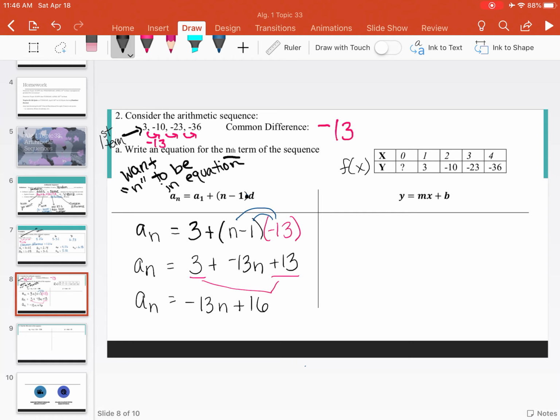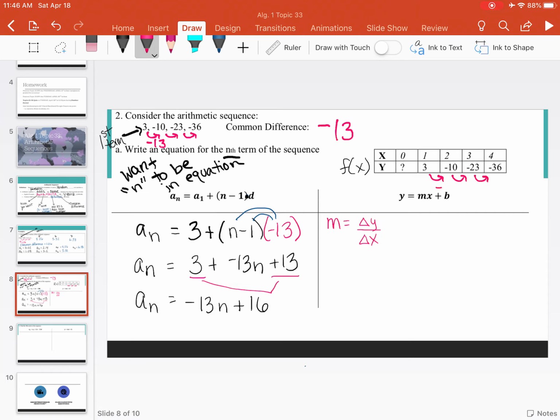Now if we want to use this with the y equals mx plus b, we're going to first identify what my slope is. So this is where I especially like to use the table. We can identify slope, if you want a little throwback here, as change in y over change in x. So if you notice with our table method, what are we changing by on our y side?